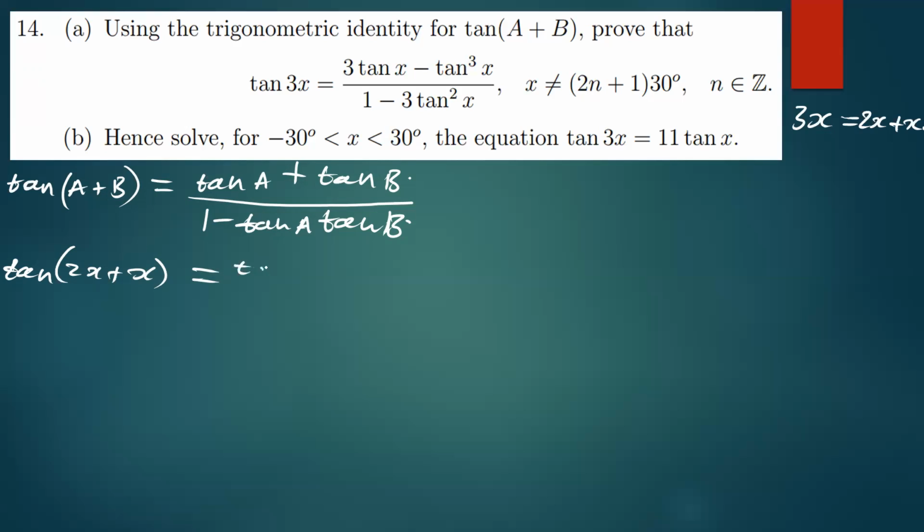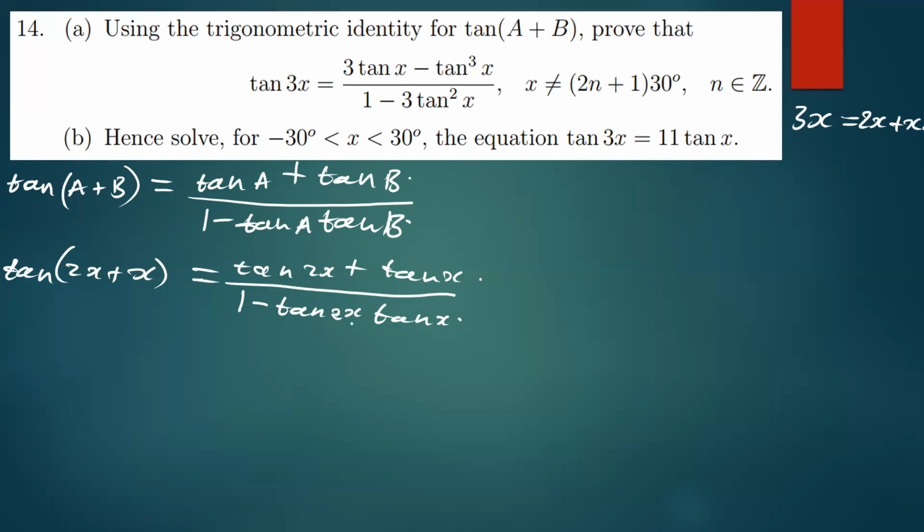On top, I'm going to have tan 2x plus tan x, then everything divided by 1 minus tan 2x tan x.